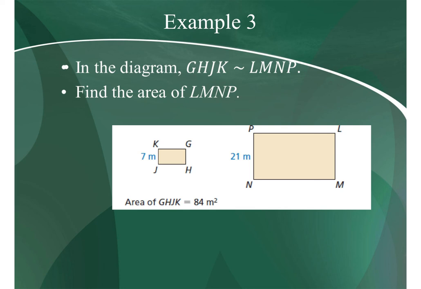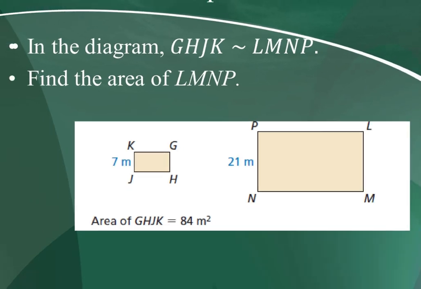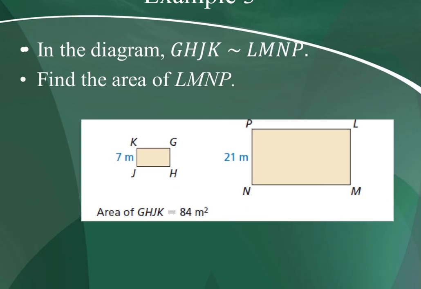So example 3, in the diagram, GHJK is similar to LMNP. Find the area of LMNP. Well, first off, we need to set up our scale factor. How do we find our scale factor of GHJK to LMNP?